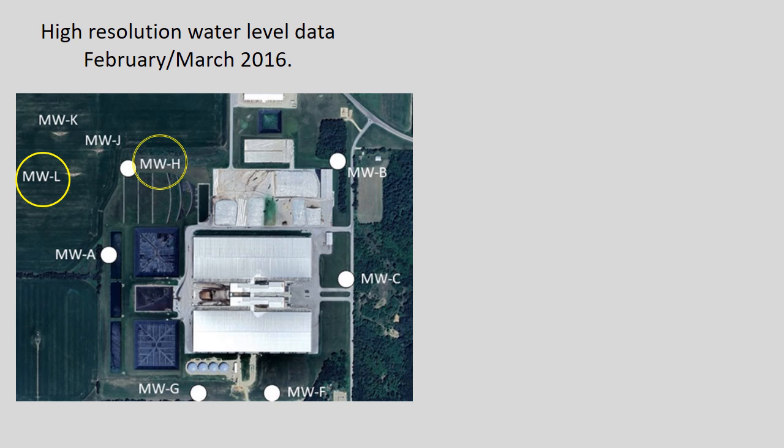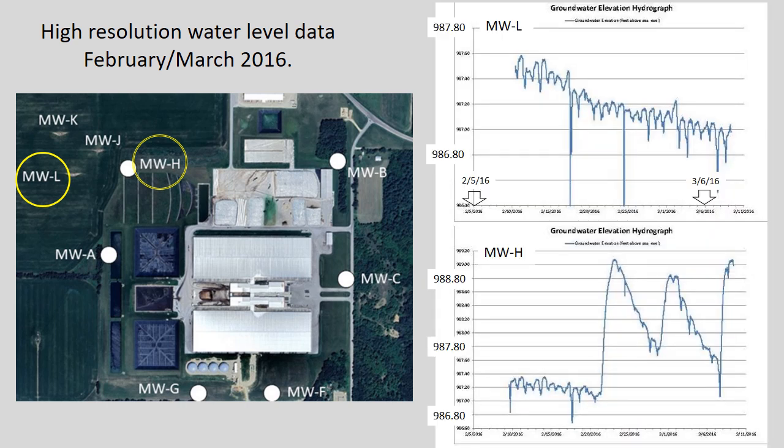I apologize, these aren't the greatest graphs, but here's MWL, distant from the VTA ponding, and you can see a change in the water level downward consistently by about 0.6 feet. However, MWH, when the storm occurred, was showing several feet of change.